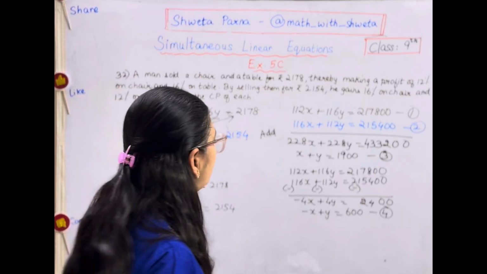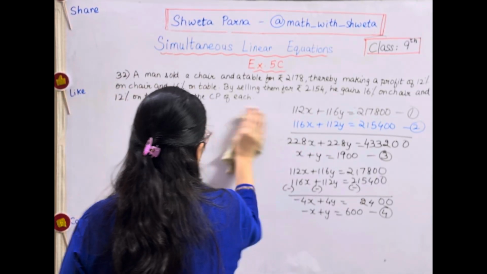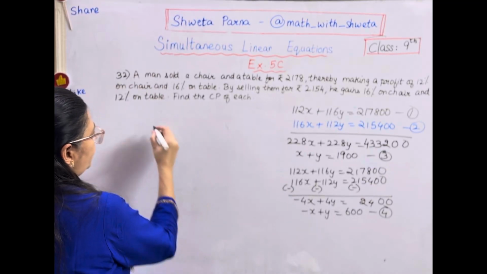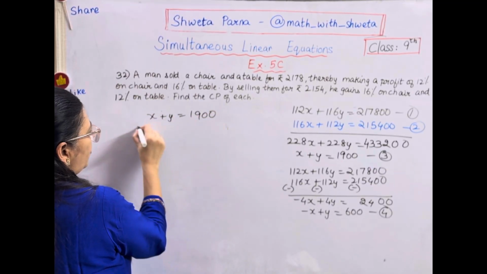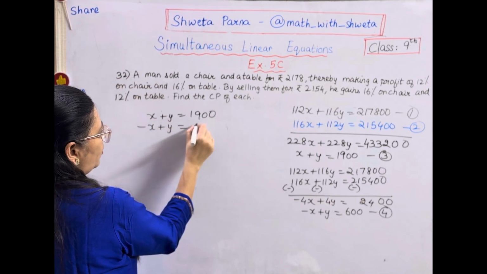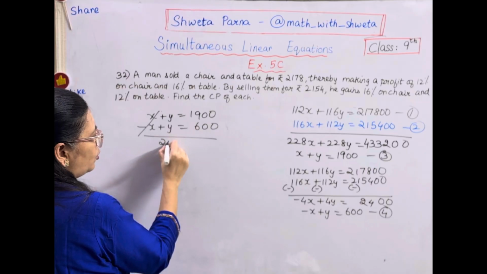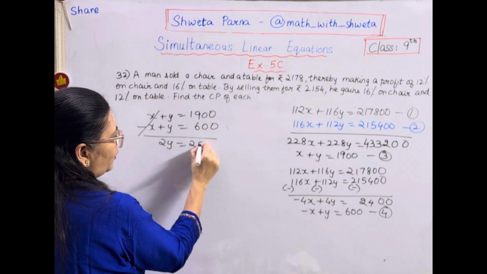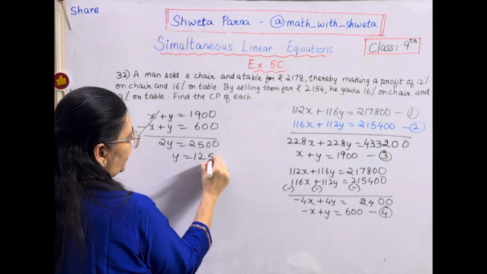Now let's solve both these equations. x plus y is equal to 1900 and minus x plus y is equal to 600. When you add, x gets cancelled. So 2y is equal to 2500. So y is equal to 1250.